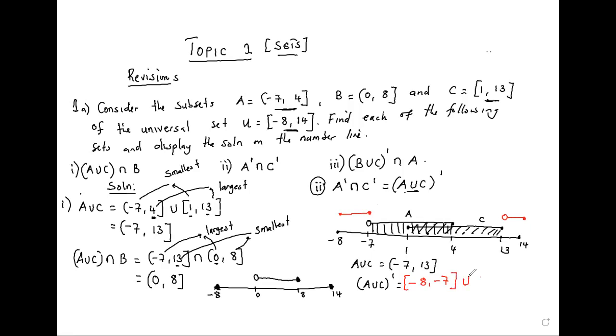Union 15, 14, closed, open. And because I have the red pen, I'll do it like that. I can even write that this is A complement intersection C complement.